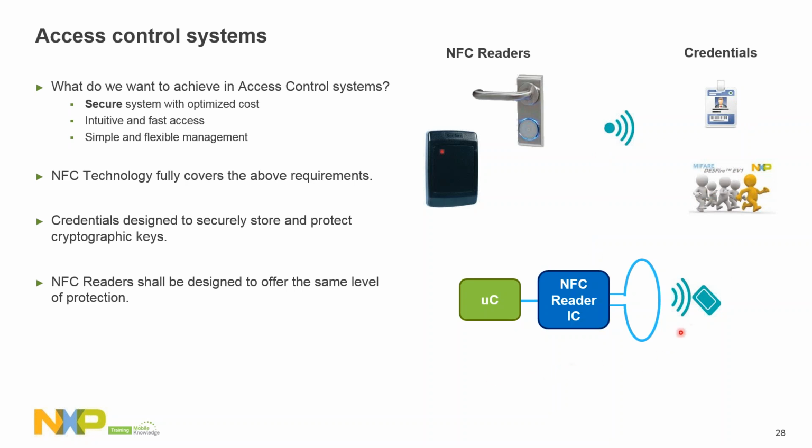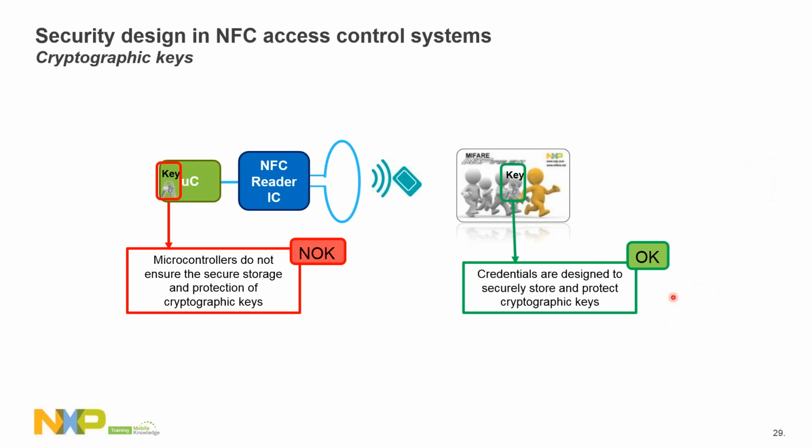The NFC data exchange between the reader and the credentials, this channel, is usually protected through cryptographic methods, which, as we have seen, implies the usage of cryptographic keys. This leads to the analysis we will do in the coming slides.